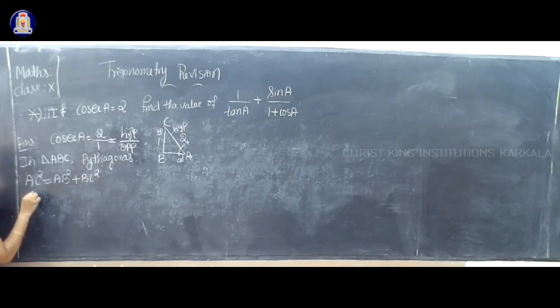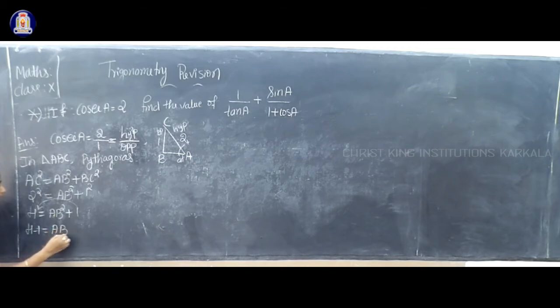So AC square is what? 2 square is equal to AB square, this is not given, plus BC square, which is 1 square. So 2 square is 4, equal to AB square plus 1 square, which is 1. So bring that 1 to this side. It is 4 minus 1 is equal to AB square. So 4 minus 1 is 3, equal to AB square.